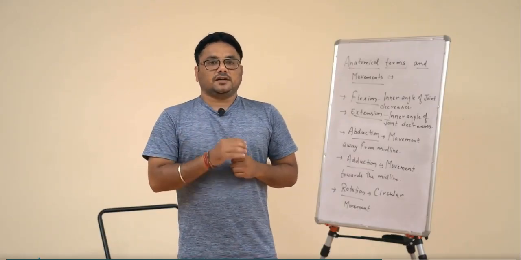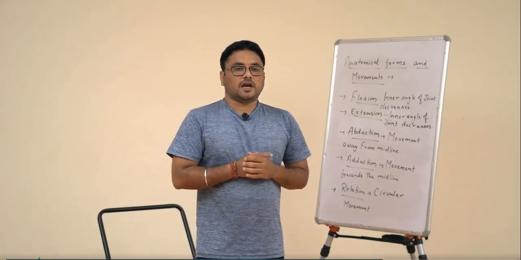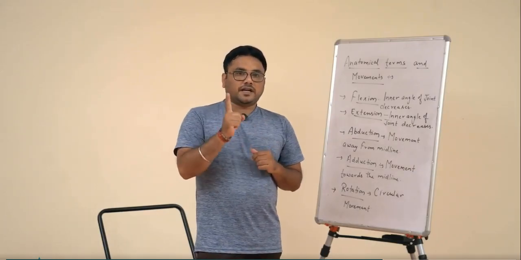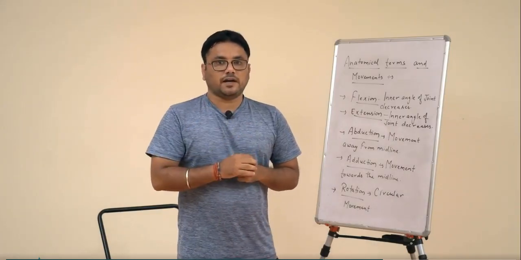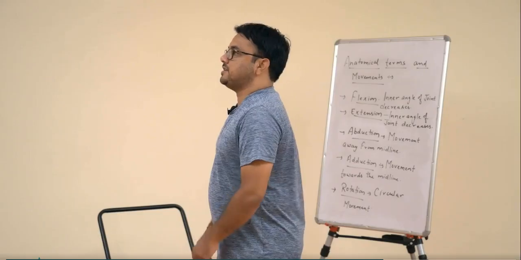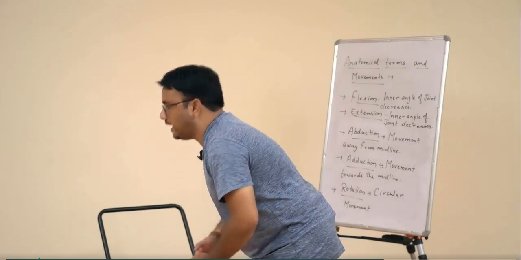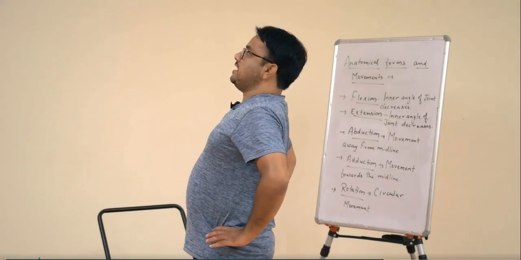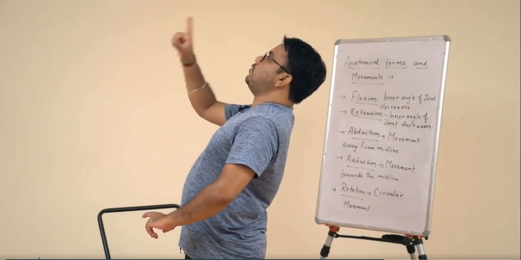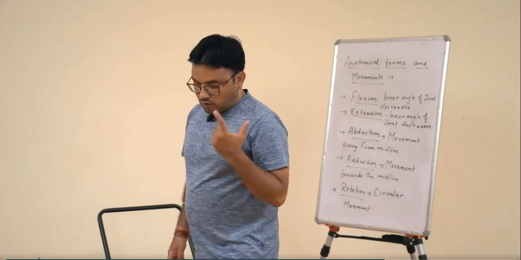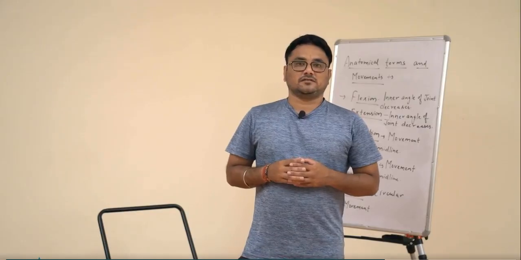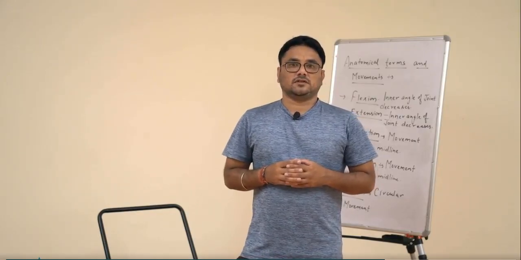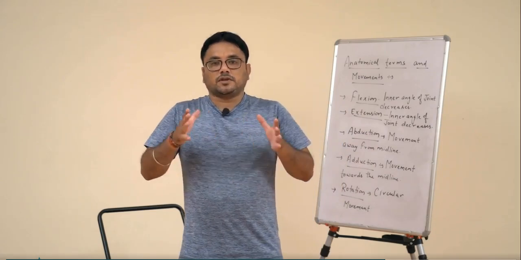Next thing, now the question is, how to do this movement? Flexion, extension, abduction, and adduction on your spine. Flexion we have discussed, bending forward, angle decreases. Extension, angle increases, bending backwards. Now, how to do abduction and adduction of the spine? Think about it.